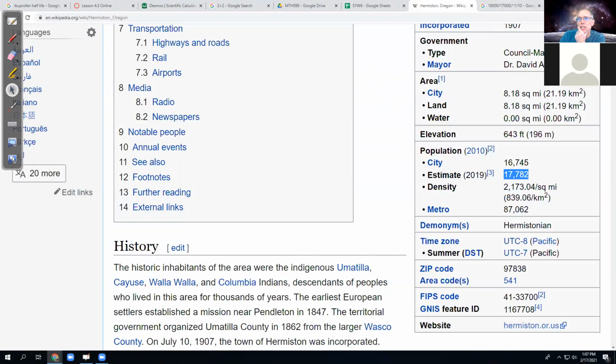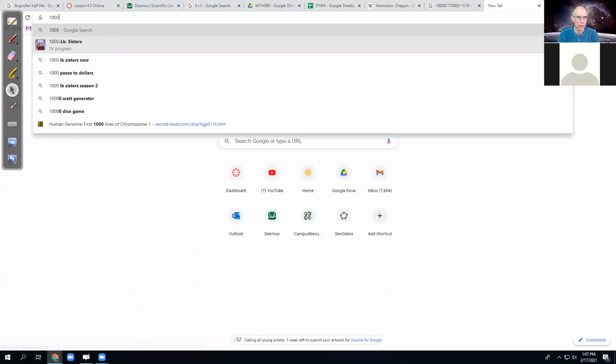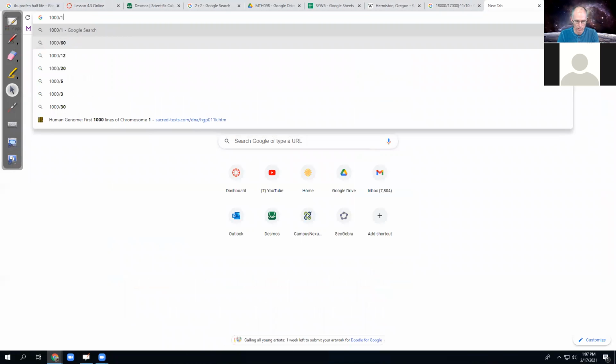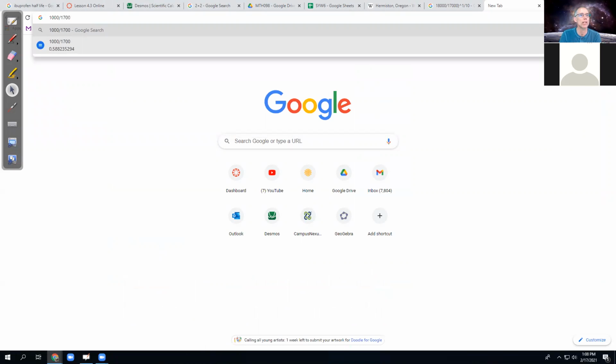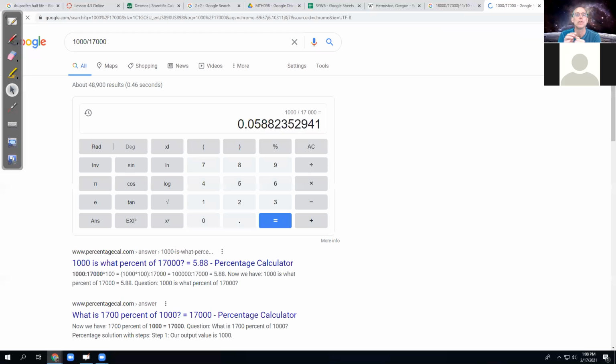If we take 1,000, the absolute change, and divide by the base population of 17,000 back in 2010, we get about 5% over 10 years. A crude adjustment of that per year would just be dividing by 10, since 10 years have gone by.